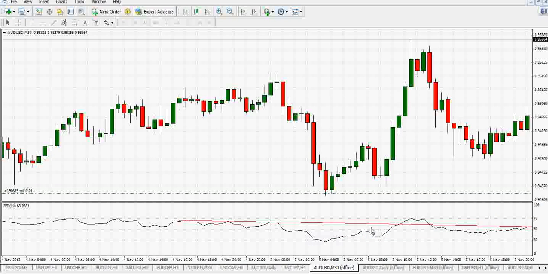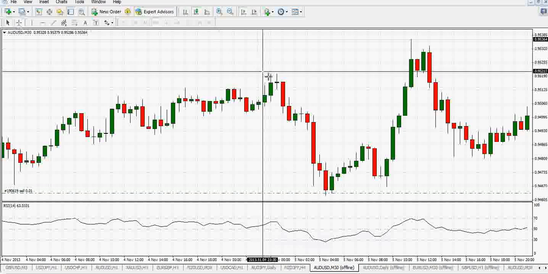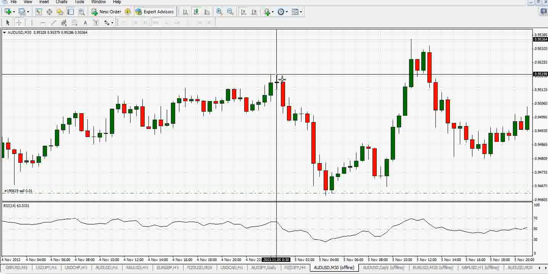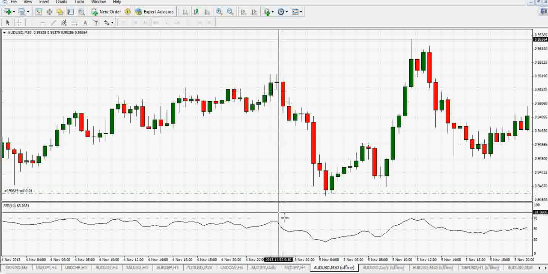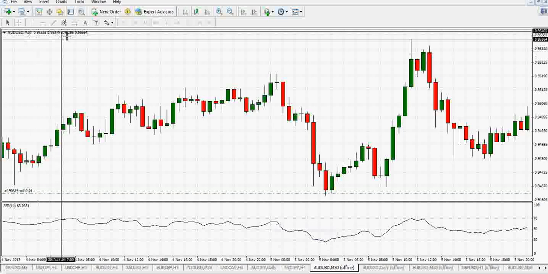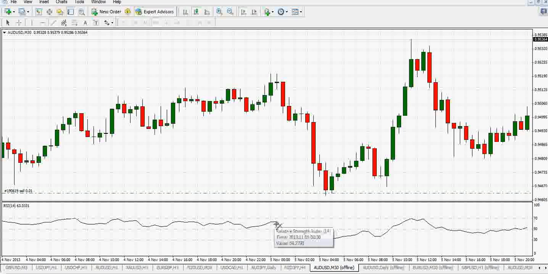and this is a mistake, because when you want to draw an RSI trend line, and I have seen this several times, you need to find the highest high on the chart. For that price, you find the RSI. So this will be the first point, and then you will draw the trend line.